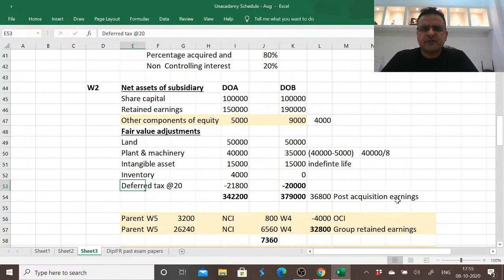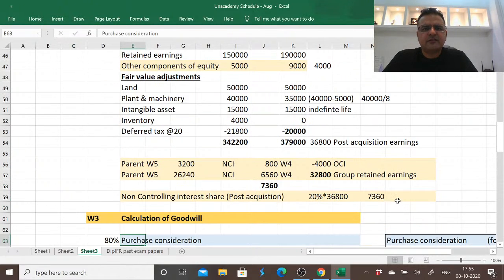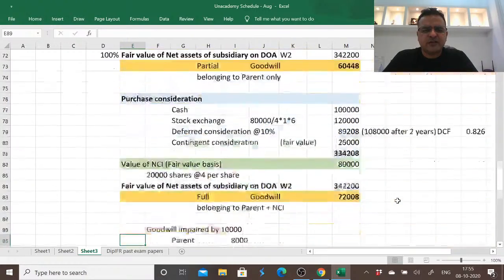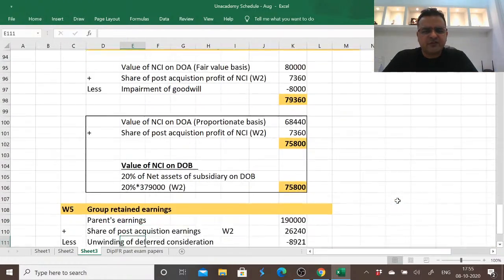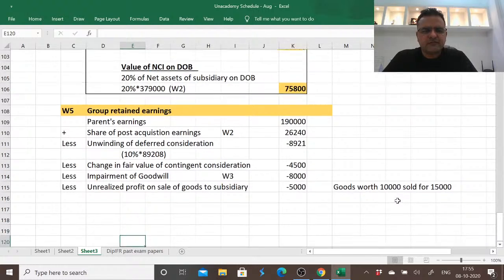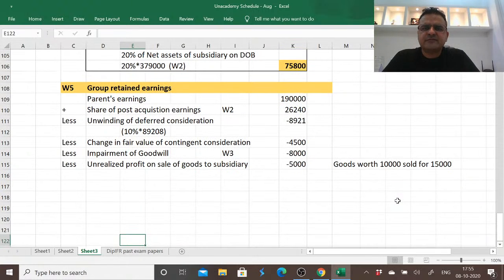When we make the adjustment there, we eliminate that unrealized profit, and it is automatically allocated between parent and NCI because we are allocating the post-acquisition profits after this adjustment. If parent sells to subsidiary, the profit is in the parent's books, which can be eliminated in working note number 5.